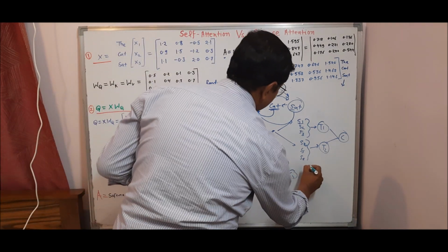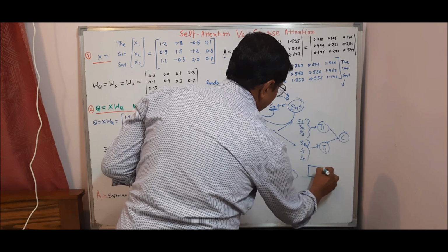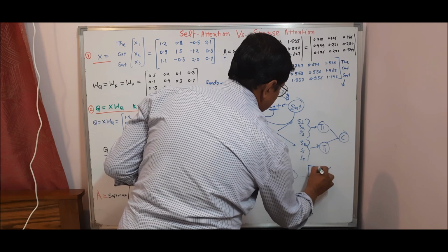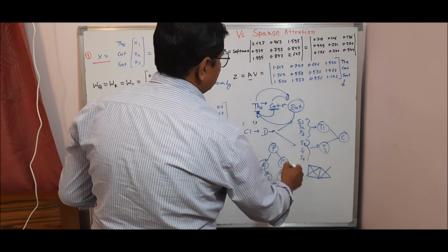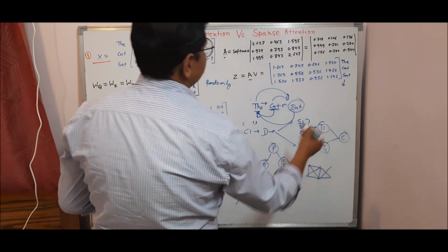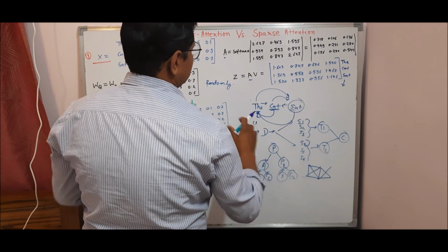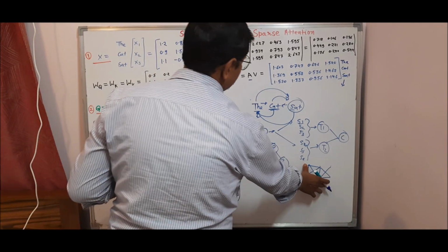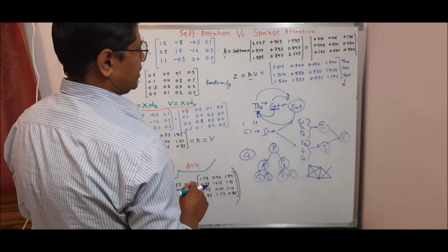The same thing will happen with a graph also. Suppose you have a graph with nodes like this, and you just consider all the nodes and arrange them as an array of nodes, then again you will lose this structural information.